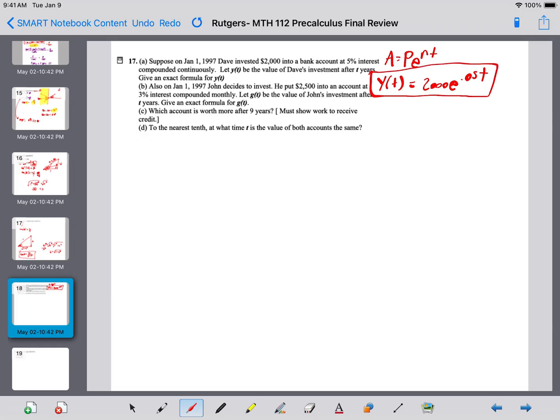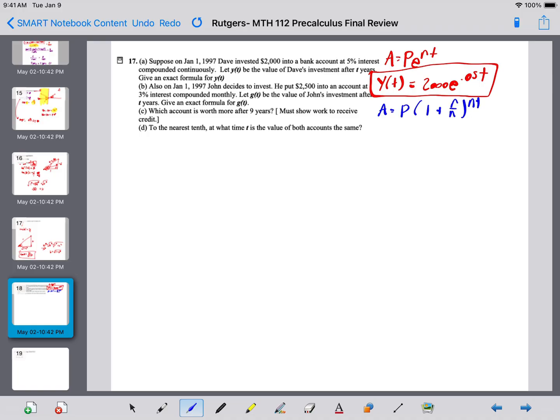So now for B, it says also on January 1st, 1997, John decides to invest. He puts 2,500 into an account at 3% interest compounded monthly. So that is a different formula now. That is A equals P times 1 plus r over n to the nt.